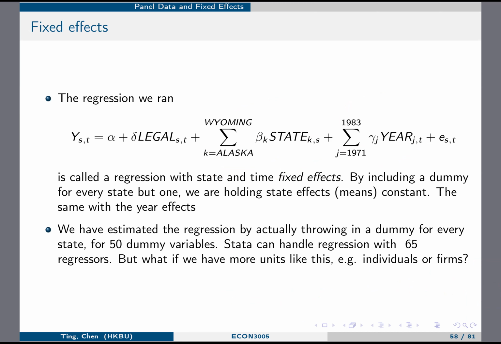Like this is state and year level, right? But how about in China, where we have nearly 3,000 listed firms. Maybe we look at the annual reports for maybe 5 years for these 3,000 firms.